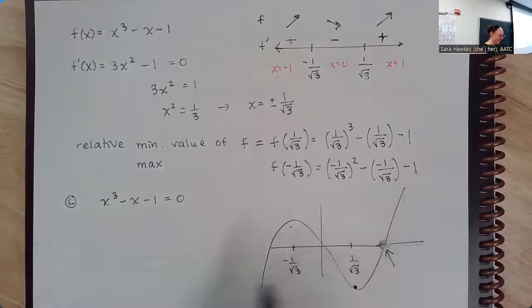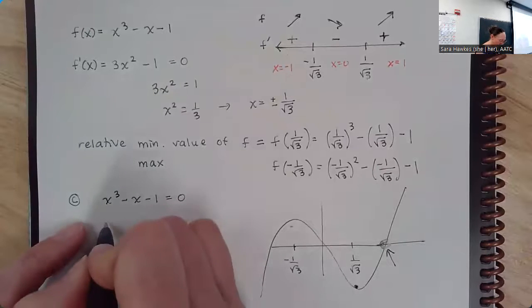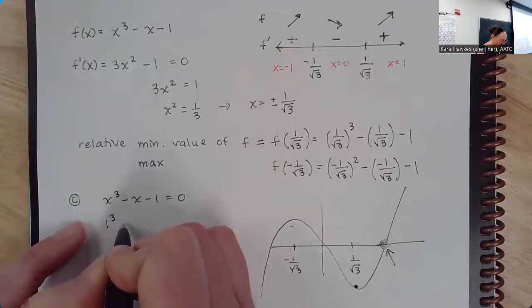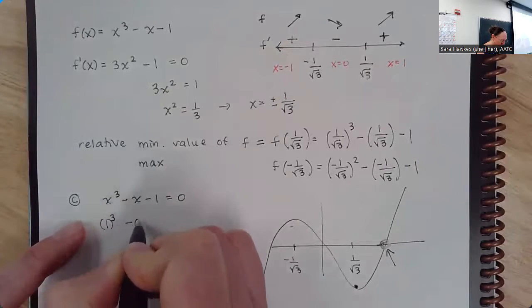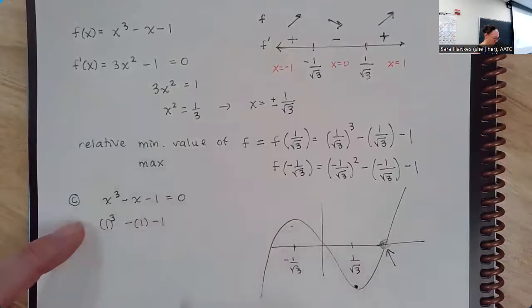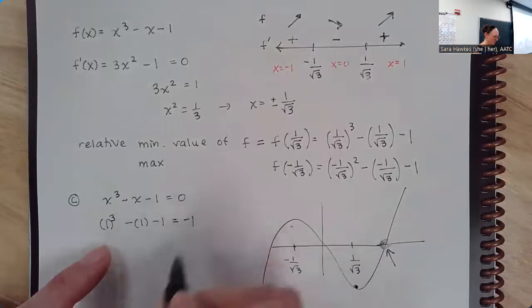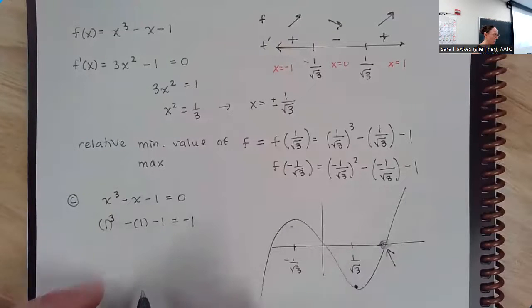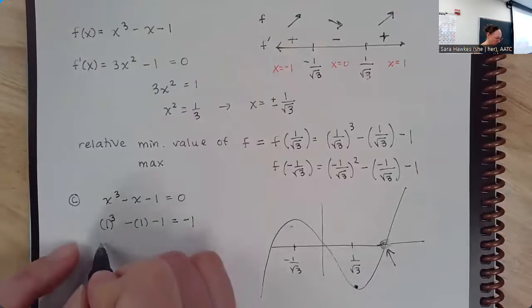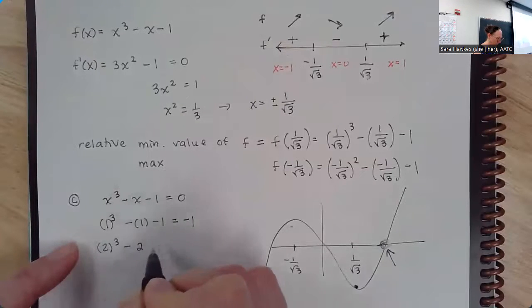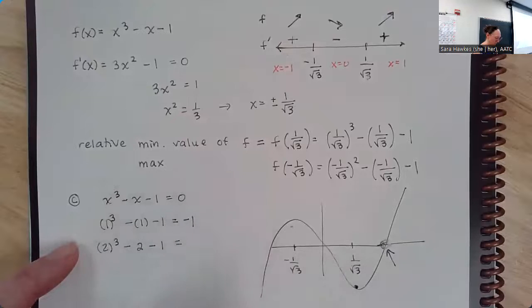And because I said that it had to be an integer, we're just going to plug in integers. So if I plug in 1, I would have 1 cubed minus 1 minus 1. So that's -1. So I'll move to the next integer. 2 cubed minus 2 minus 1.